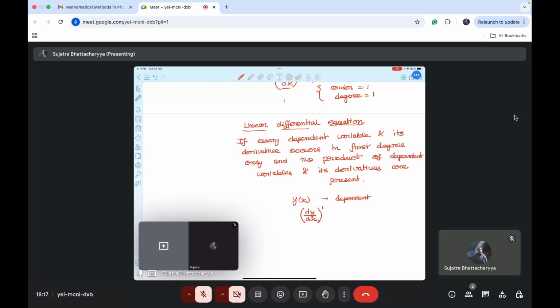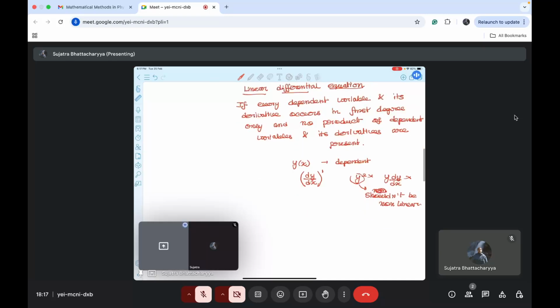And no product of the dependent variables and its derivatives, so y squared or y dy by dx should not happen. Also, this function y should not be non-linear. This is another condition. Only then can we say that a differential equation is a linear differential equation.